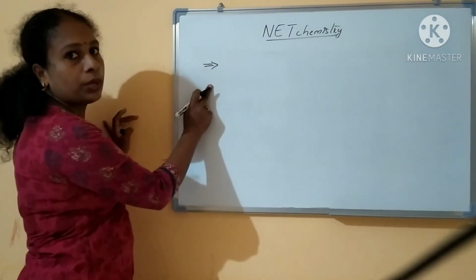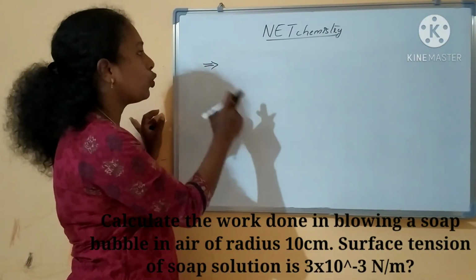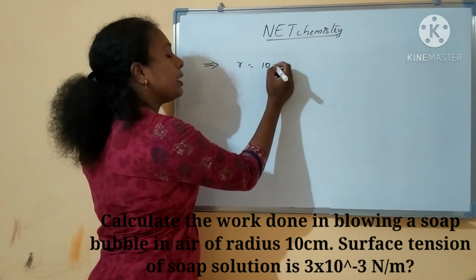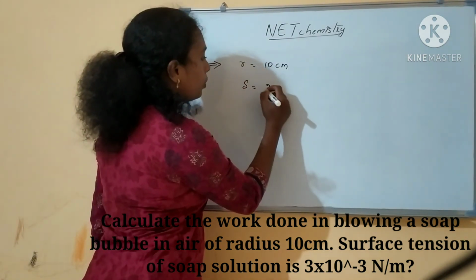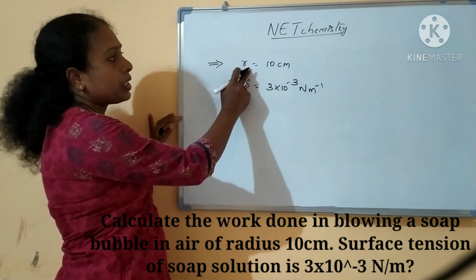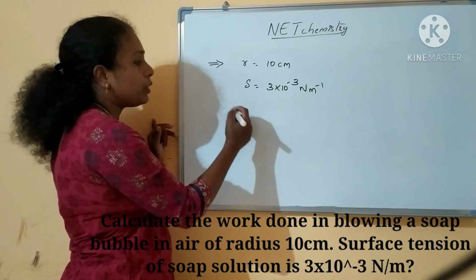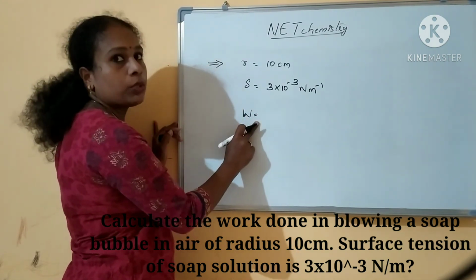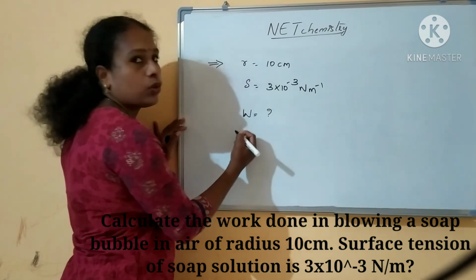Question is, calculate the work done in blowing a soap bubble of radius 10 centimeter. Surface tension is equal to 3 into 10 raised to minus 3. This is the surface tension and the radius is 10 centimeter. Which formula will you be using? They were asking to find the work done in blowing the soap bubble. Work done is the question mark.